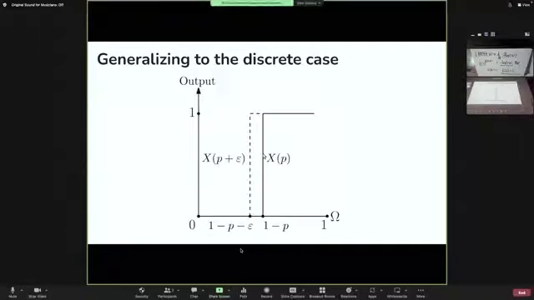Remember, the derivative is the best linear approximation of the sensitivity of your program, of how your program gets perturbed. And here, what's linear is how fast this step is moving to the left.